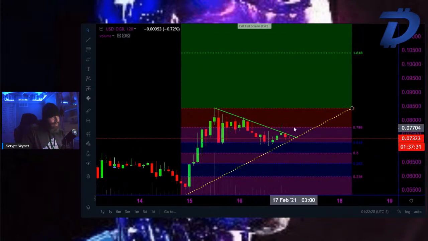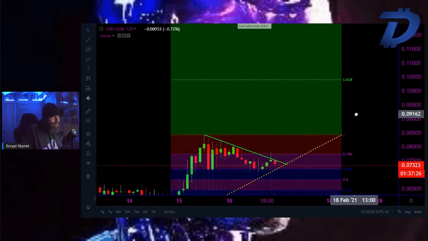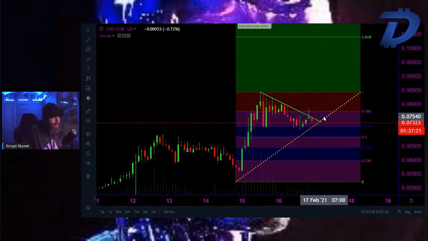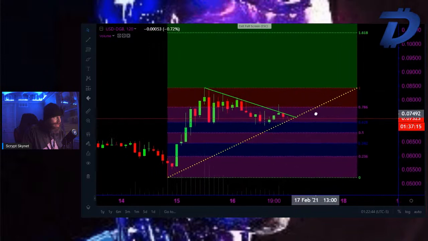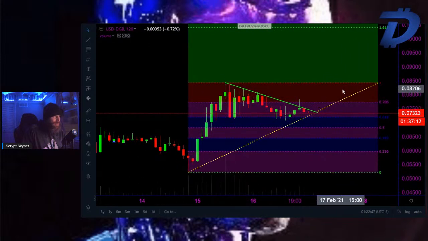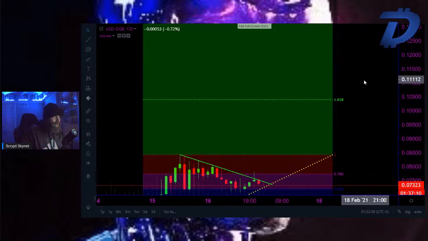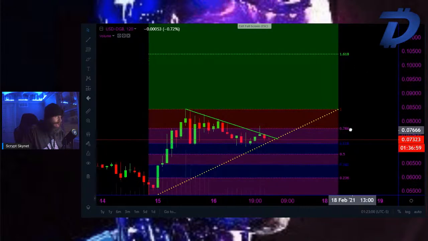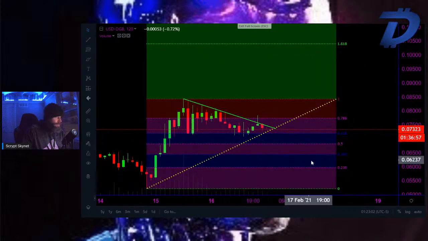Now that's the main drive. So if DigiByte just keeps doing these patterns, slow and steady, making a bunch of support here, this is going to be a bunch of support once DigiByte climbs out of here, if it does. So let's say it goes all the way up to 14 cents and it crashes through. You're going to have some supports at these six blues, all the way down, actually the 0.3 range blue.